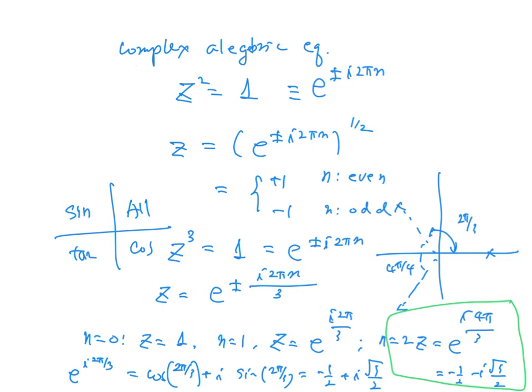So z is x plus i y, r exponential i theta, right? But actually you can multiply by 1, so this is r exponential i theta plus minus i 2 pi n.